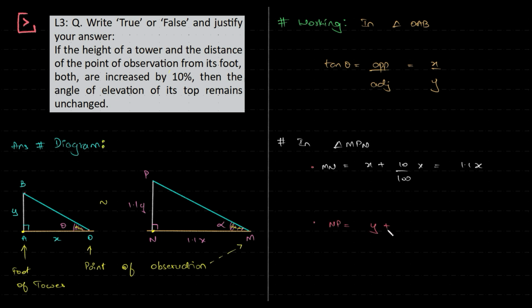NP is Y plus 10% of Y. So this is 1.1 Y.